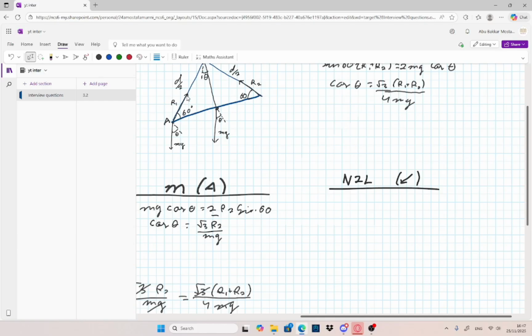We know that this and this act in opposite ways, and the mg components are both acting downwards. So again, we have 2mg sine theta plus R2 cos 60 is equal to R1 cos 60 as well.